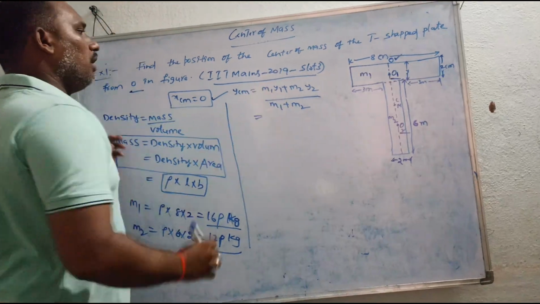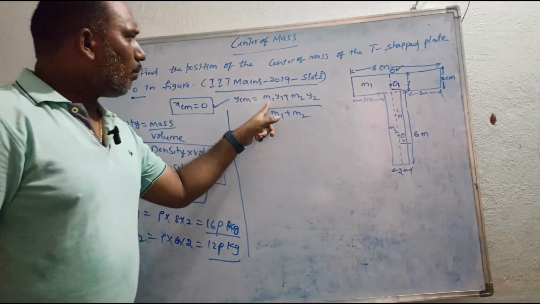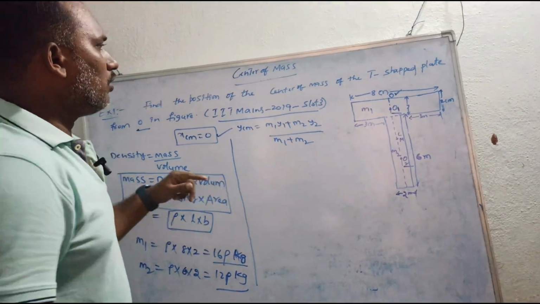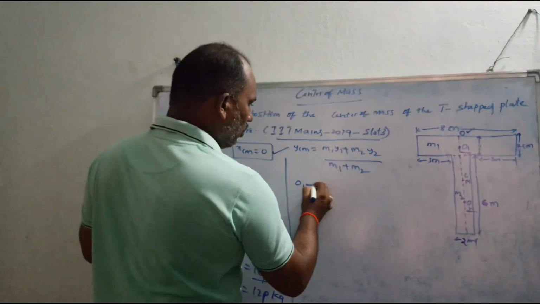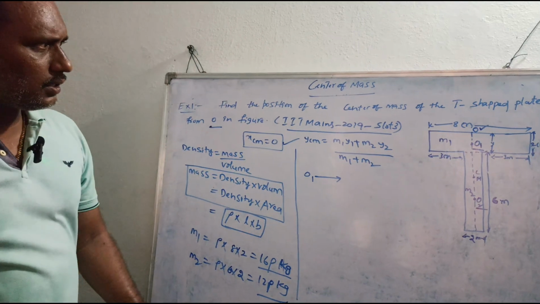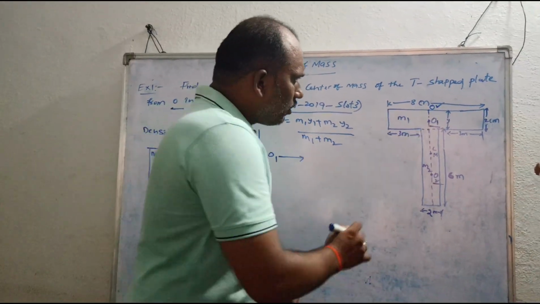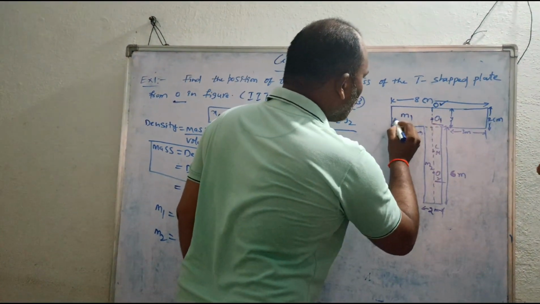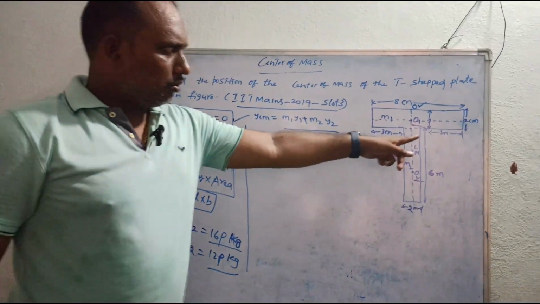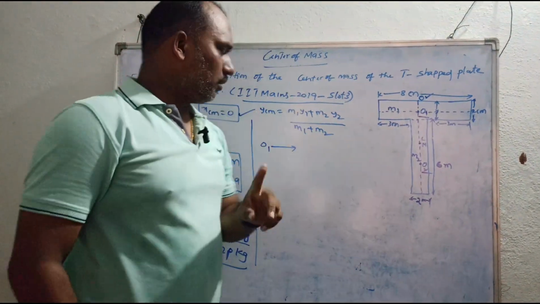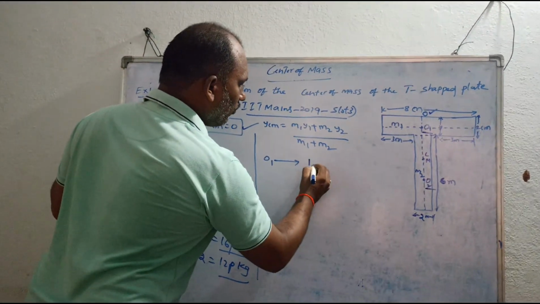So what is Y_CM? We want to calculate Y1 first. Let's see here, which is the origin. This is the midpoint of the area. What is the midpoint of 2? 1 meter.